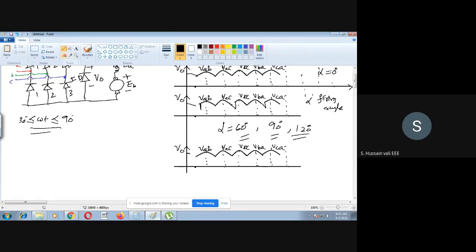A 60-degree delay means this entire 60 degrees will go out, something like this. Then there is a sudden jump. Similarly, the next one will go out, this one.